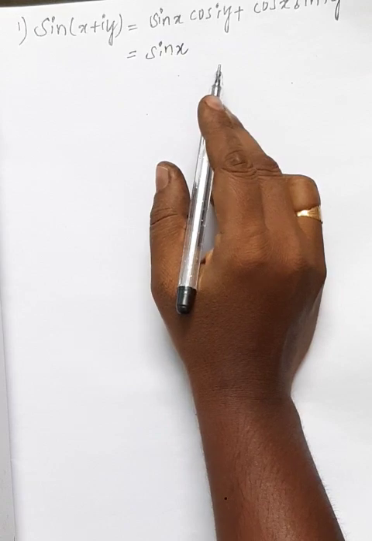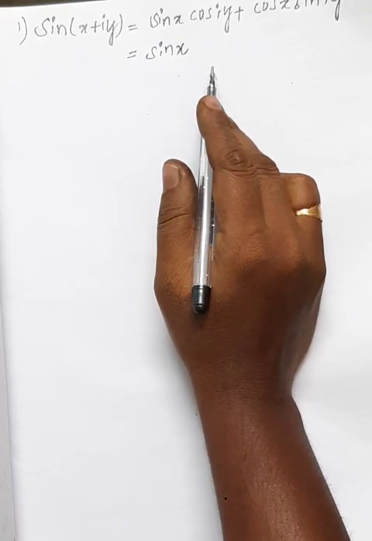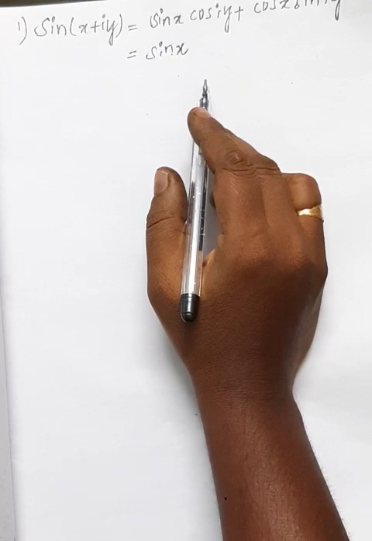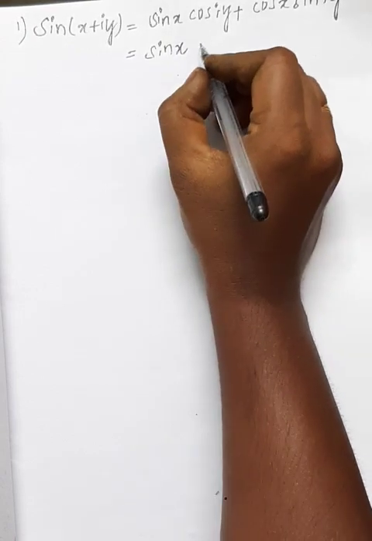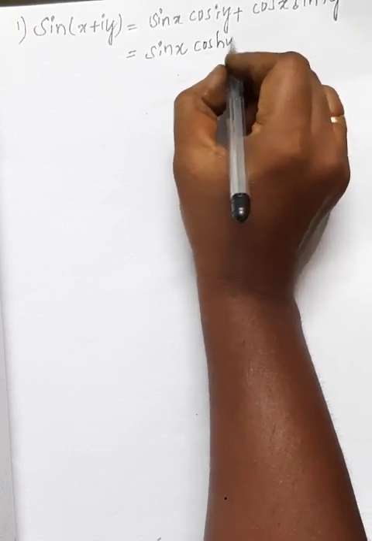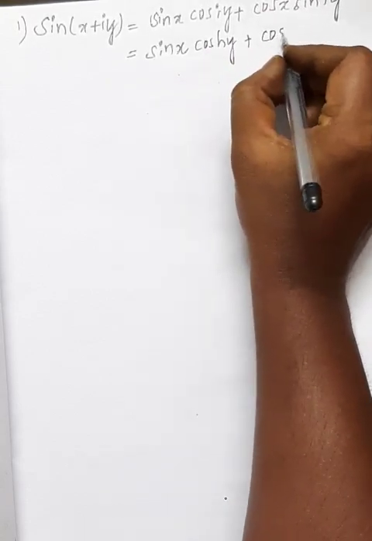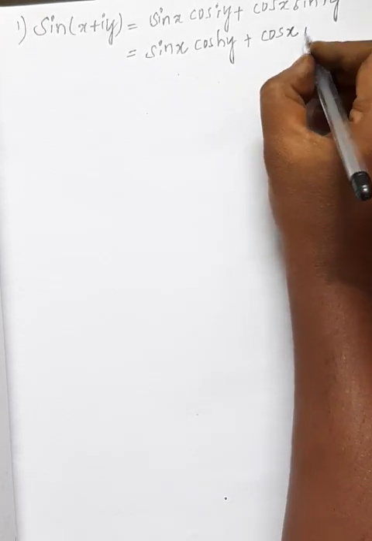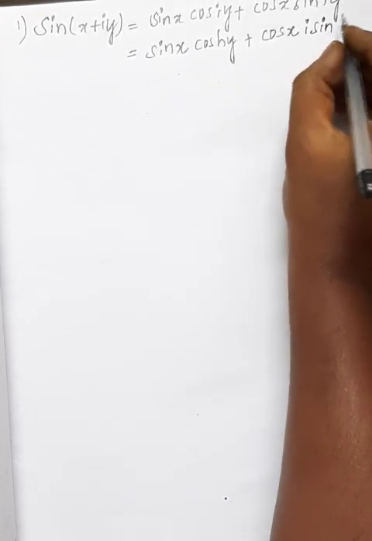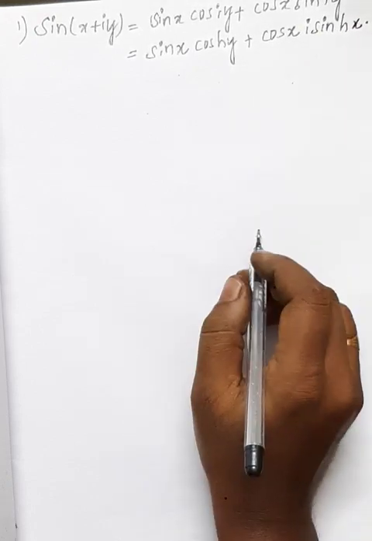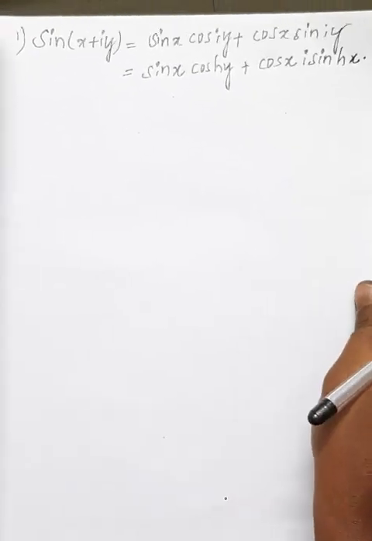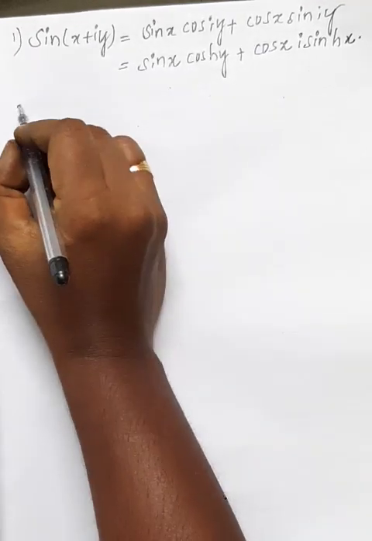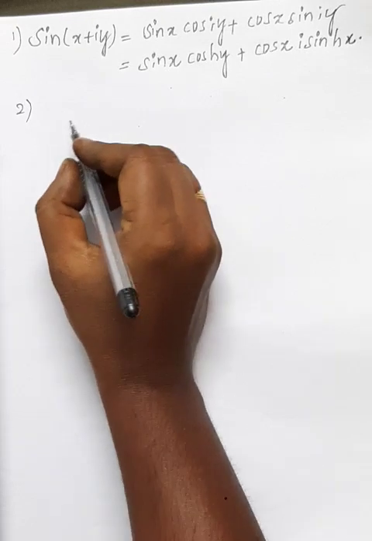We discussed earlier in the relation between hyperbolic and circular functions that cos ix is written as cos hx, so likewise cos iy can be written as cos hy. Plus cos x sin iy can be written as i sin hy. So like this we can derive the four formulas related to our trigonometry.